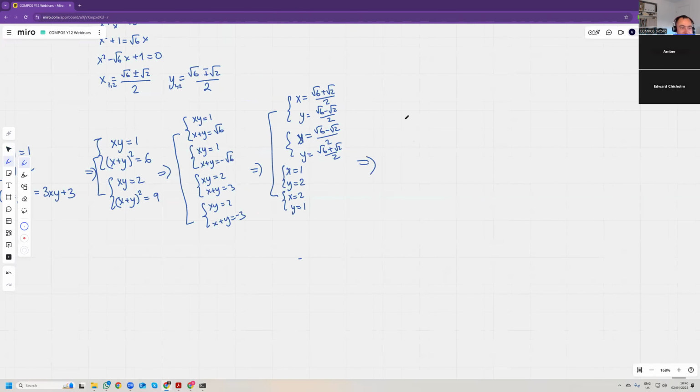And we get u is equal to root 6 plus root 2 over 2, and v is root 6 minus root 2 over 2, which is, as a matter of fact, 2 minus root 3, and this is 2 plus root 3.